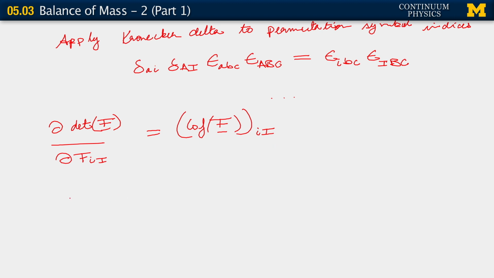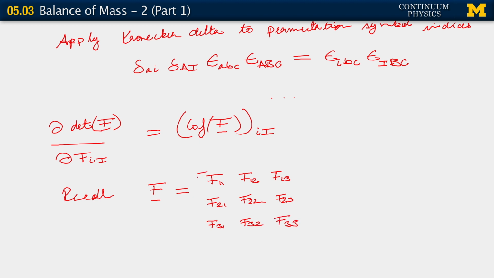So recall, if you write out F in matrix form, it's F11, F12, F13, F21, F22, F23, F31, F32, F33, right? That is F written out in matrix form.